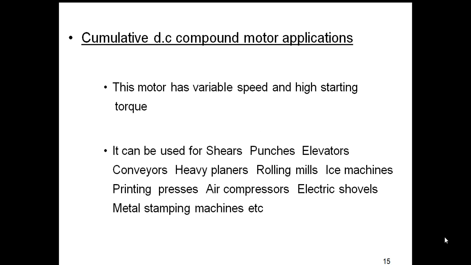Due to these characteristics, these cumulative compound DC motors are used for shears, punches, elevators, and conveyors, rolling mills, ice machines, printing presses, and air compressors, electric shovels, and metal stamping machines.